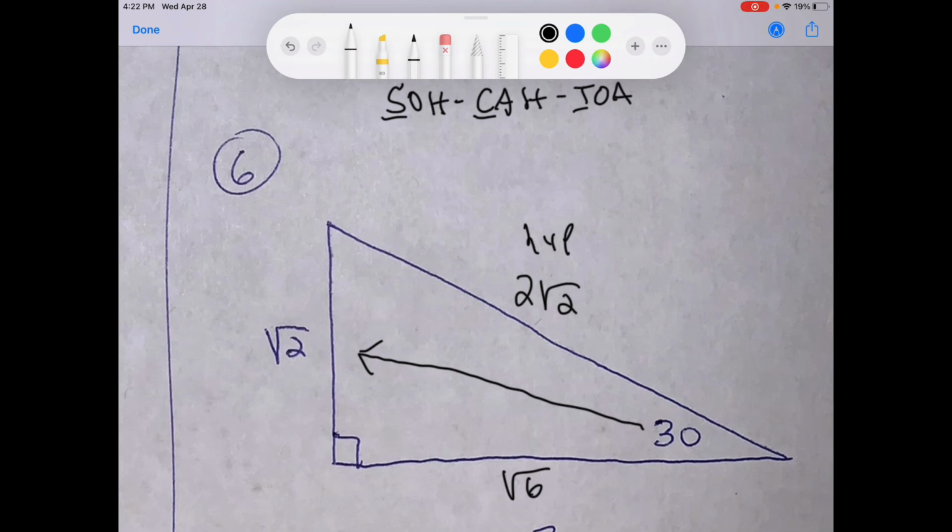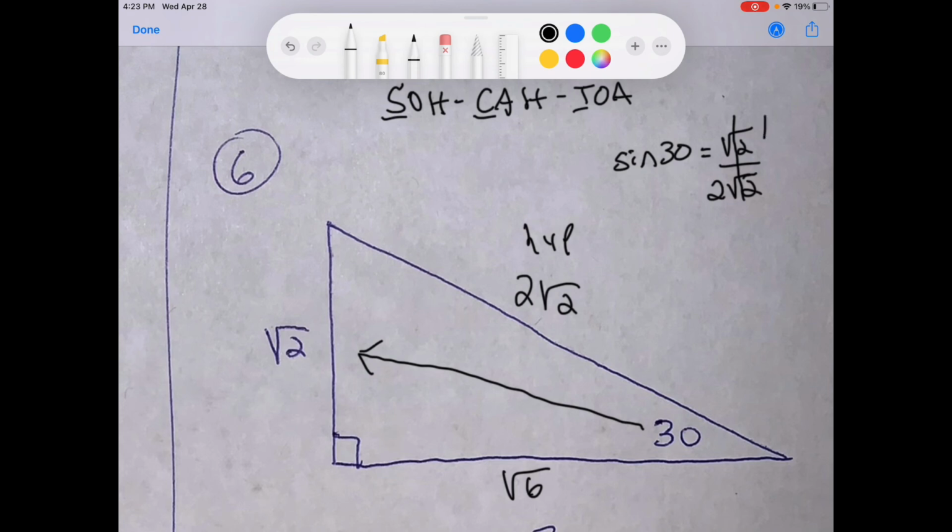So if we do sine of 30, that is opposite over hypotenuse, so root 2 over 2 root 2. Well, we got to simplify that down. You could rationalize the root and multiply root 2 and root 2, bottom and top, or you'll notice that root 2 goes into root 2 once.